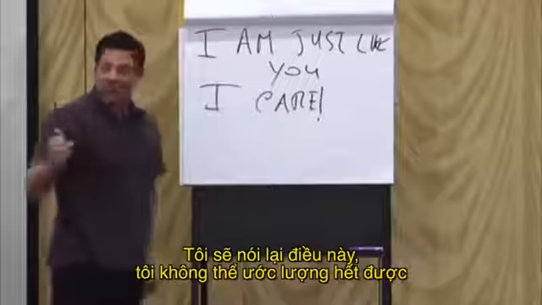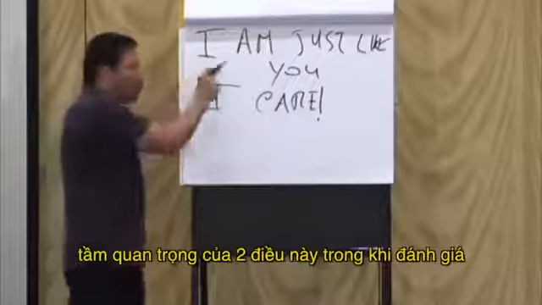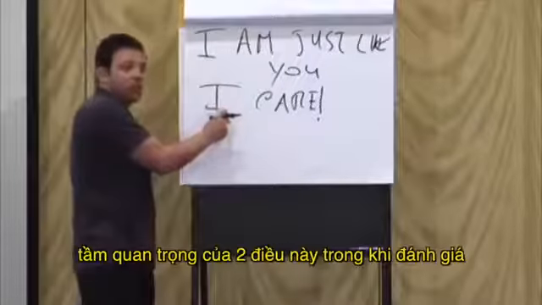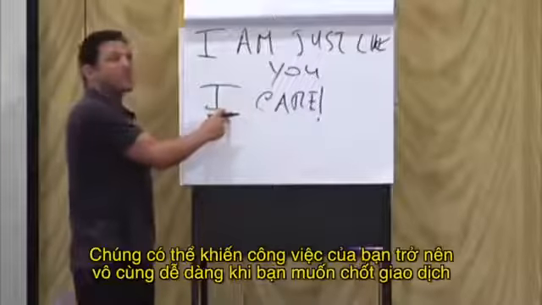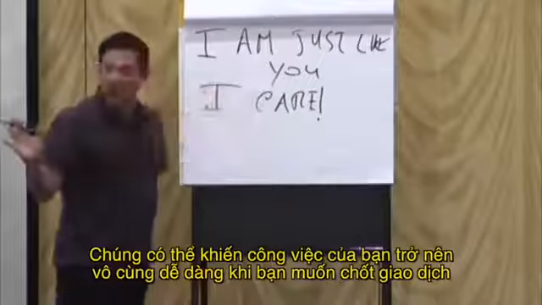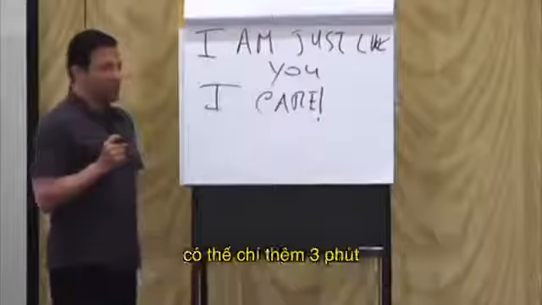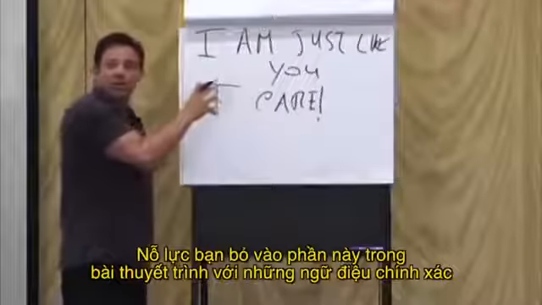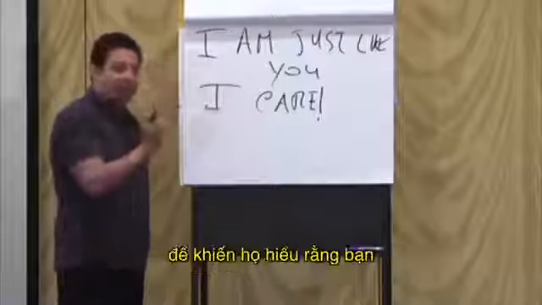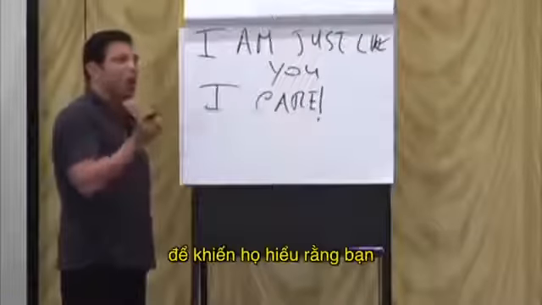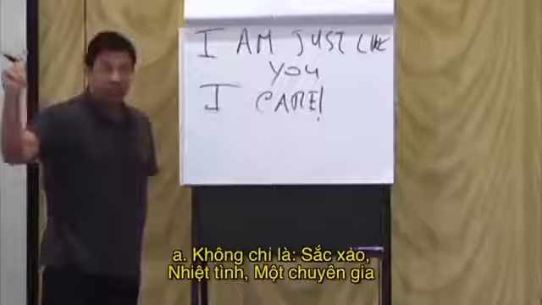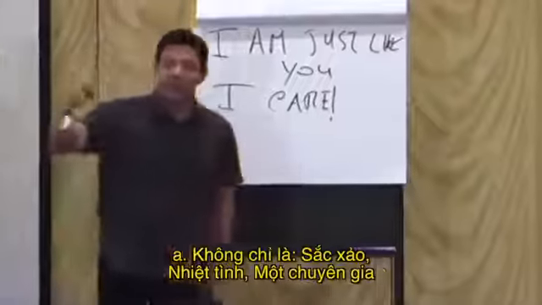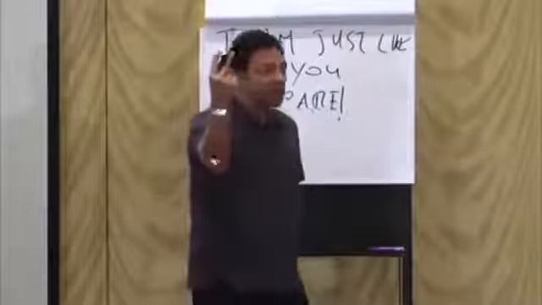I cannot overestimate the importance of establishing these two things while you're qualifying. They're going to make your job infinitely easier when you try to close this person in 3 more minutes. The effort you put into this part of your presentation, this precise tonality, is so they understand you are not just sharp as a tack, enthusiastic as hell, and a force to be reckoned with.